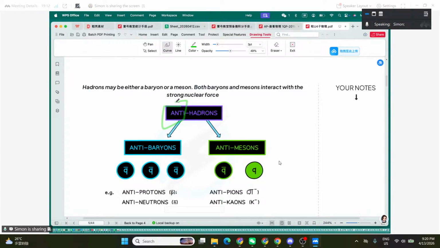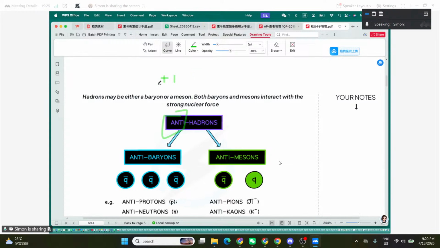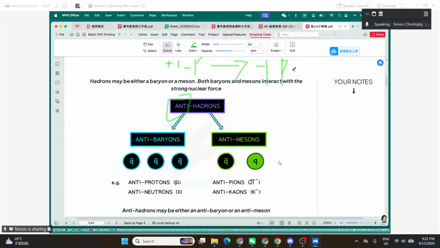If we want to know the antimatter of the proton, we know the proton has a positive charge, abbreviated P. So if we want to find the antiproton, the way we write it is with a negative one charge, that is P with a bar on the head of the P. So this one we call the antimatter.